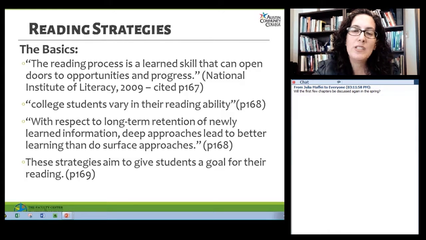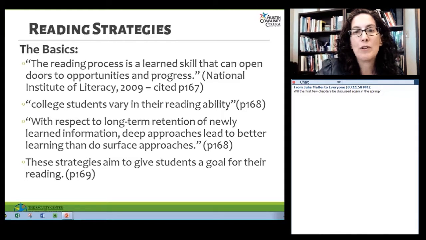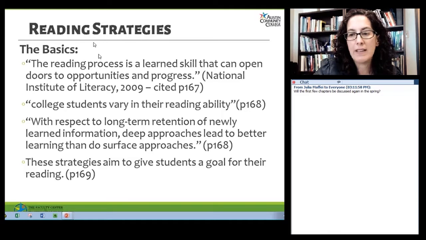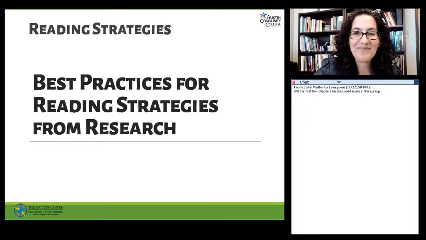So the strategies that you use as you support reading in your class are supposed to give students a goal for their reading. And if that goal is to engage deeply in the material, then you're going to have real benefits for your students. So that's kind of why this chapter is here, and why the authors argue that reading is an important way to guide students. So there's that.